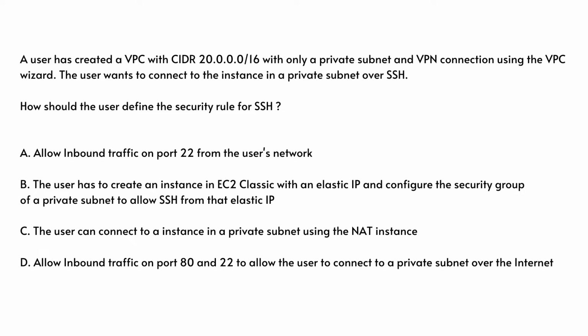Option A. Allow inbound traffic on port 22 from the user's network. Option B. The user has to create an instance in EC2 Classic with an elastic IP and configure the security group of a private subnet to allow SSH from the elastic IP.